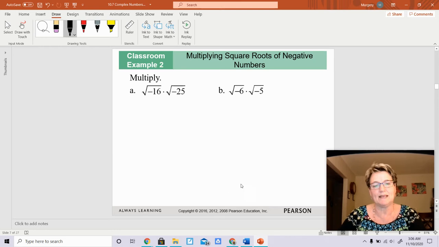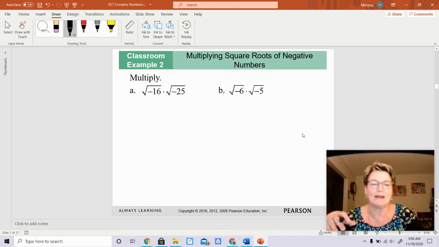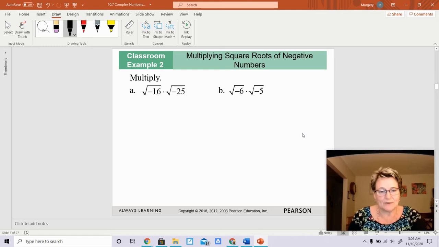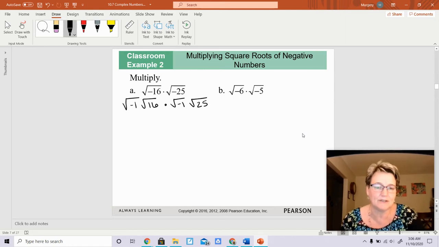That's just one big giant multiplication problem: 2 times i times the square root of 11. Let's jump to the next page. Now, when you multiply radicals, whatever's under the radicals are multiplied together, and whatever's outside the radicals are multiplied together. So, what I highly recommend that you do is this. The square root of -1 times the square root of 16 times the square root of -1 times the square root of 25. This is the best thing to do. The square root of -1 is i.